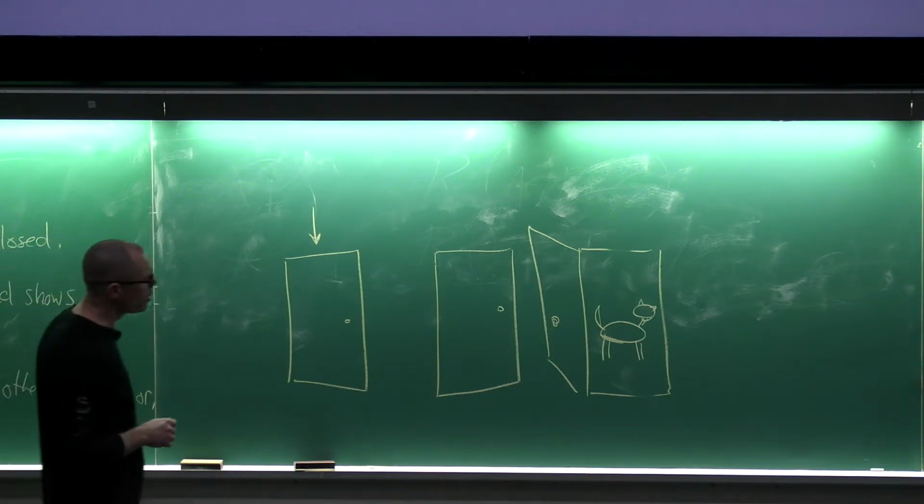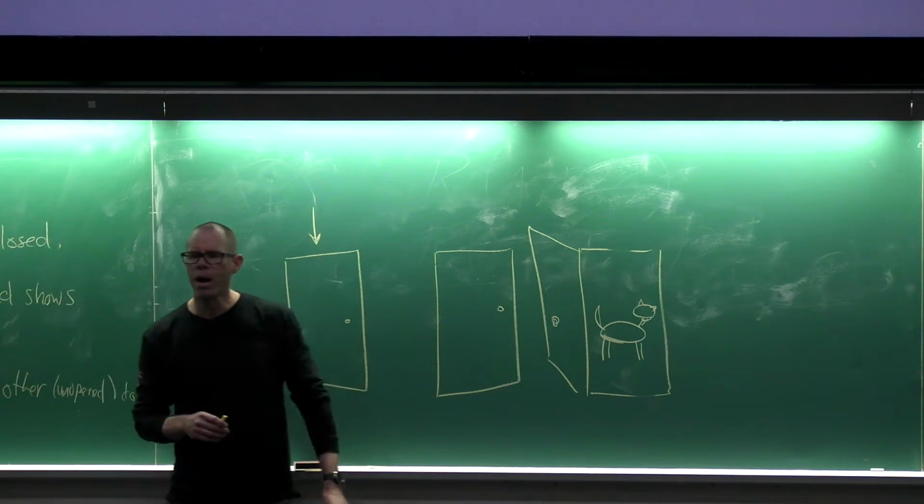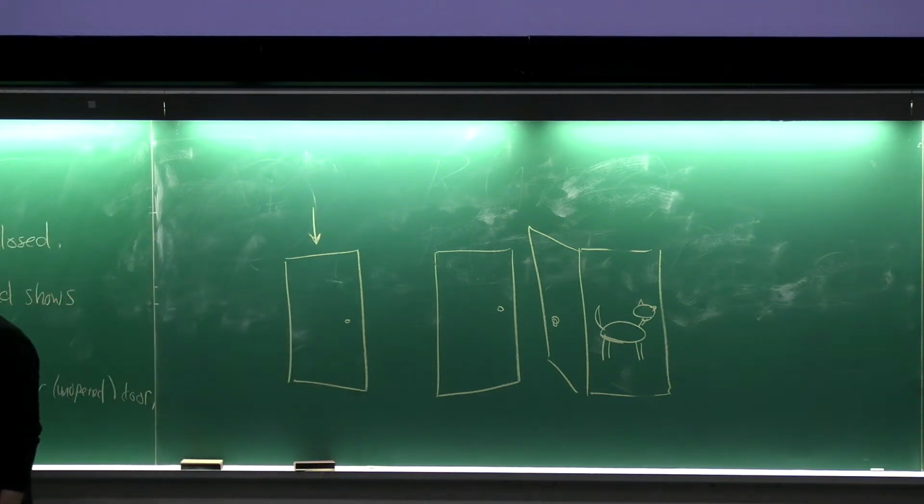So it turns out to be true, except for the part about slightly better than 50%. It's actually a lot better than 50%. And the way to see it is the following.